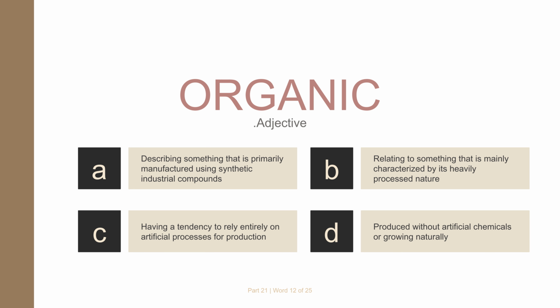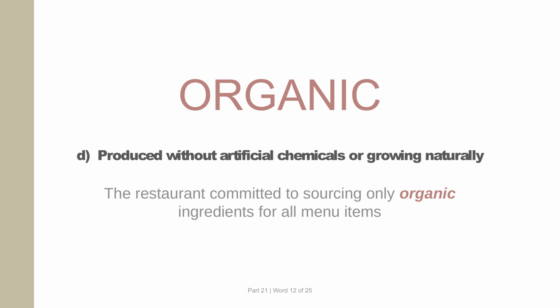Option D. Produced without artificial chemicals or growing naturally. Correct answer, option D. The correct meaning of organic is produced without artificial chemicals or growing naturally. Example: The restaurant committed to sourcing only organic ingredients for all menu items.